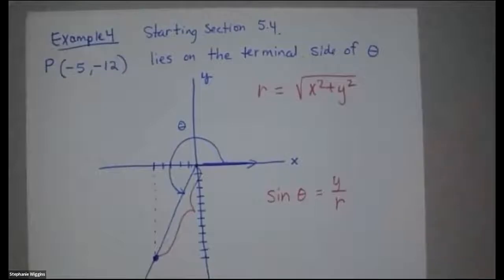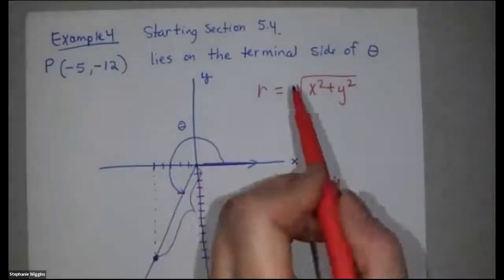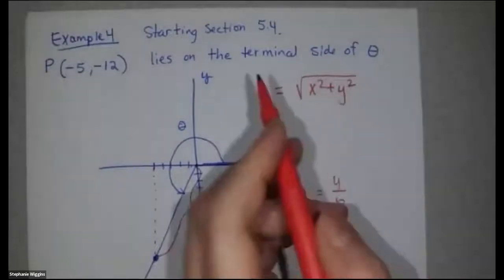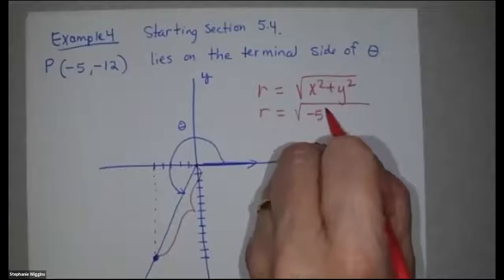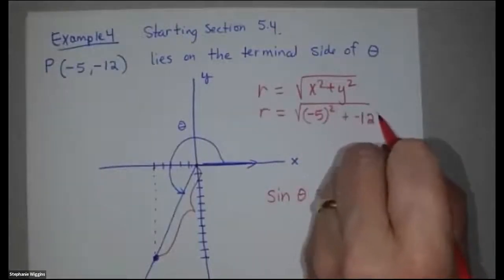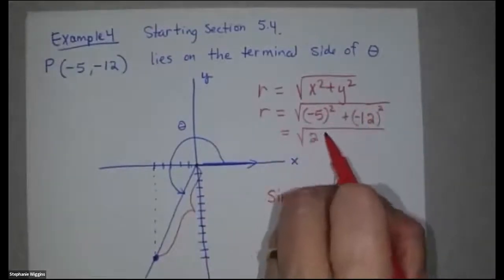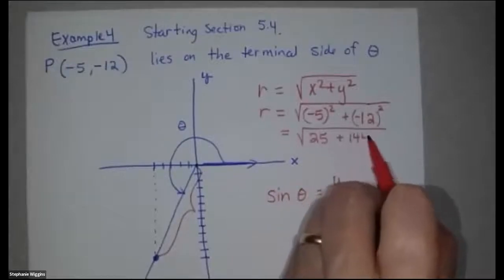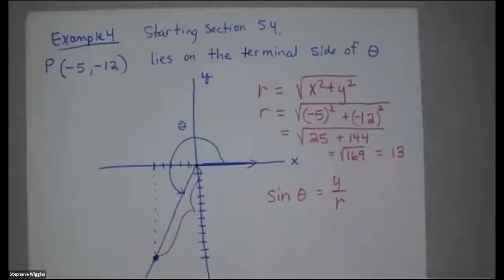And notice that r is not equal to 1, so we have to include it in our definition for our sine function. So r is the square root of x squared plus y squared, so we have -5 squared, that's my x, plus -12 squared, that's my y, and that's the square root of 25 plus 144, which is the square root of 169, which is 13, okay? So this distance is 13.